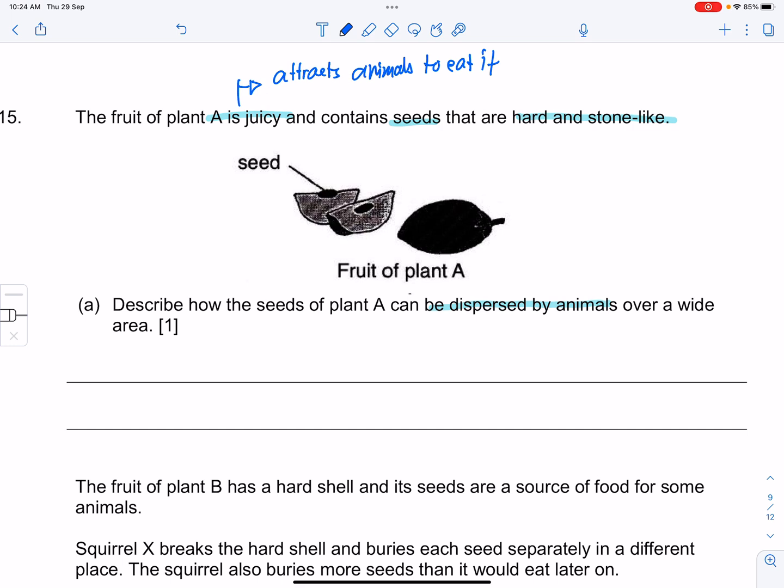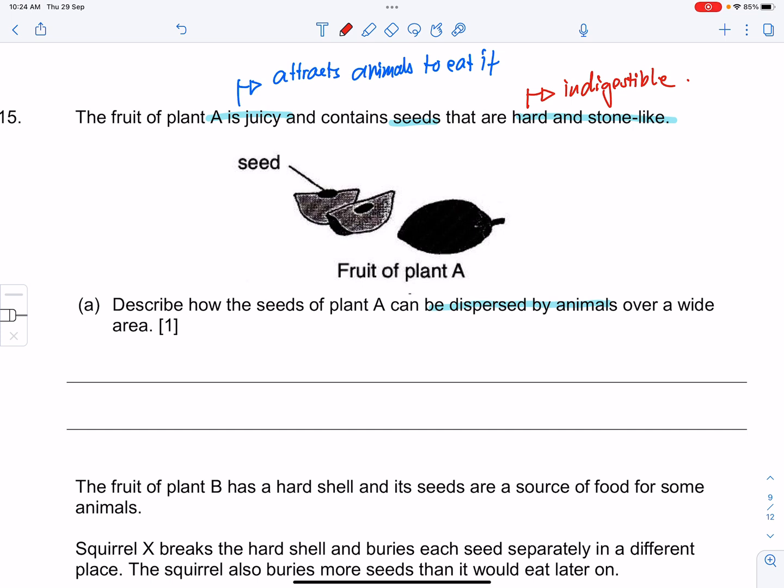But what the question did tell you is that it was hard and stone-like, so it is indigestible. Okay, so because it was indigestible, the animal probably would not eat it, and would have thrown it away.